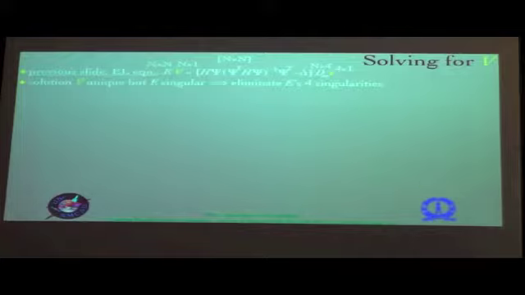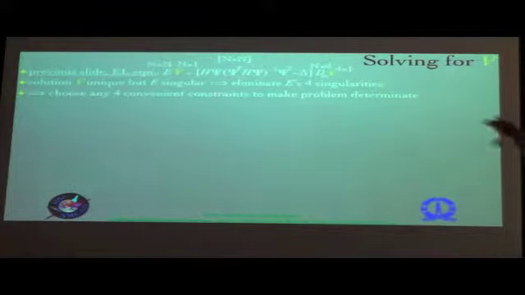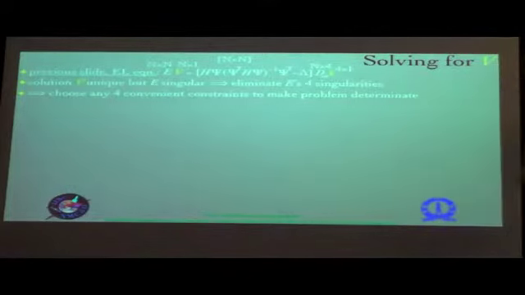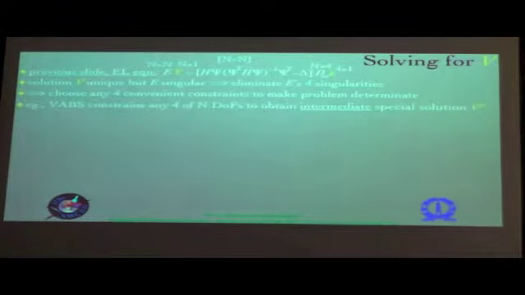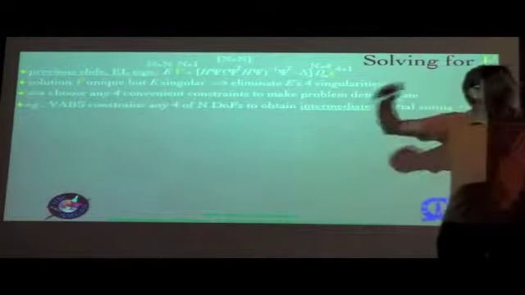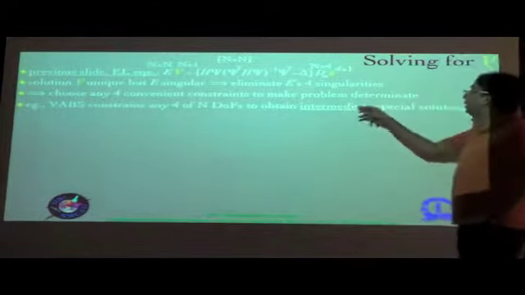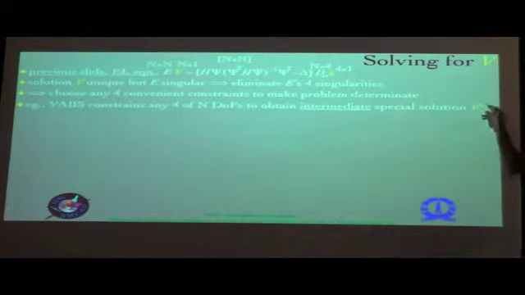In some arbitrary way we will constrain the nodes or the nodal values in such a way that any 4 convenient constraints can make the problem determinate. So what, for example, VAPS does is to constrain any 4 of those n degrees of freedom that we have for the V's. Once it does, it gets an intermediate special solution V star.